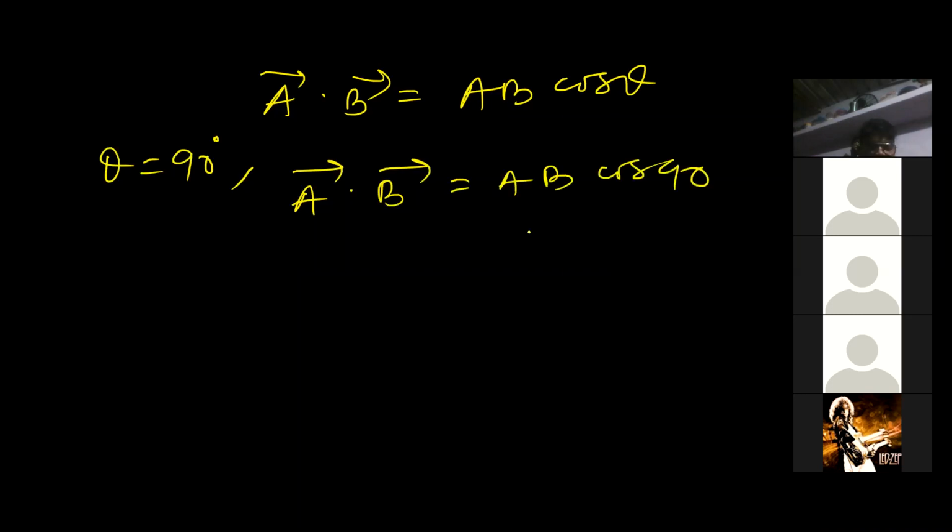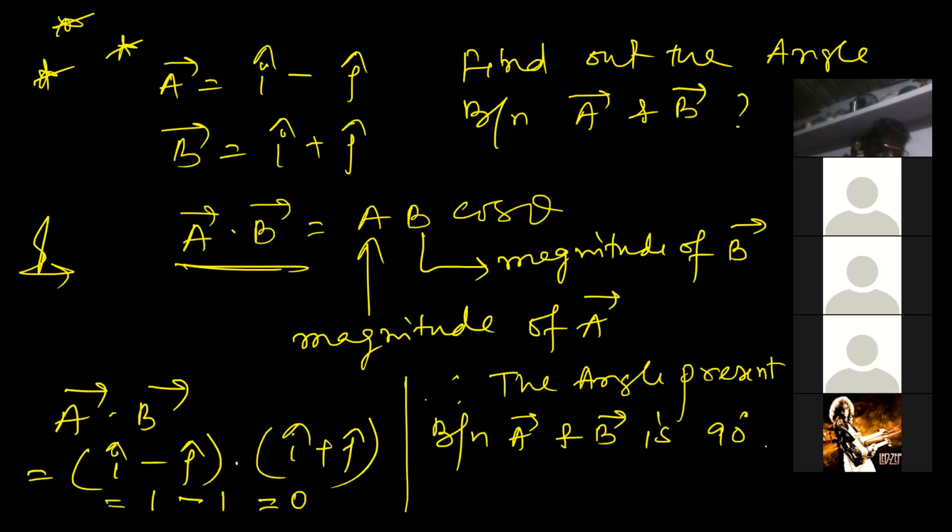Cos 90 has the value 0. So that's why A dot B is 0. The relation is true for the reverse case also. That means if theta equals 90 degrees, the dot product should be 0, and if the dot product is 0, then theta will be 90 degrees. And that thing we have used here. Is this thing clear, everyone?